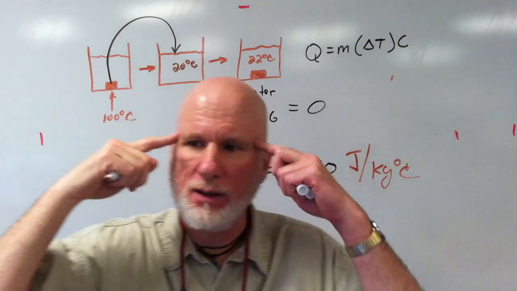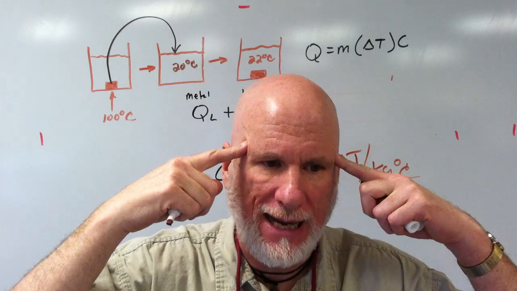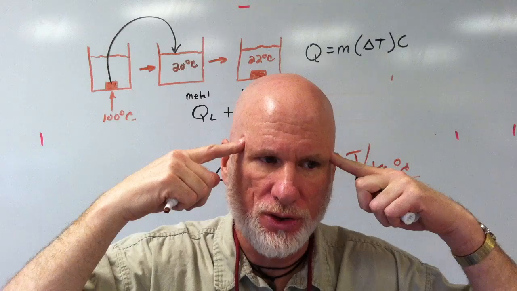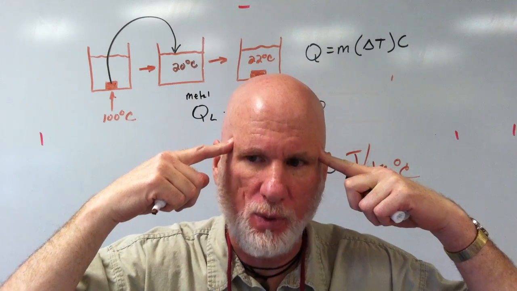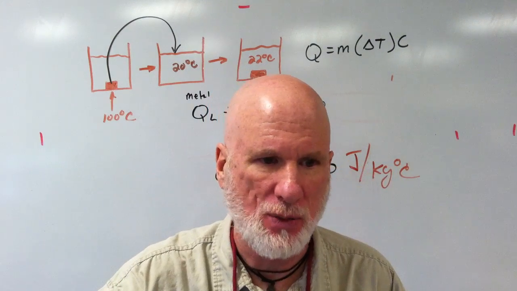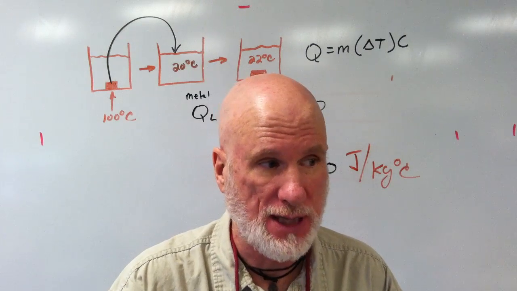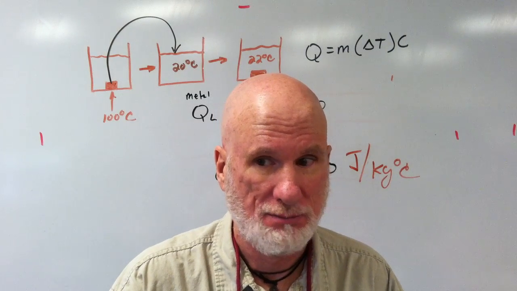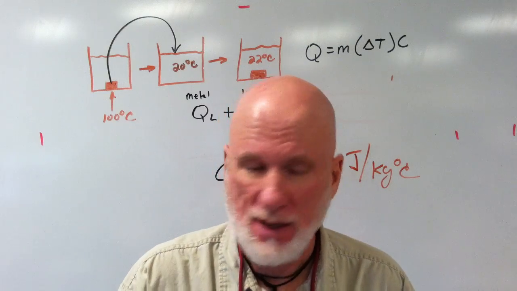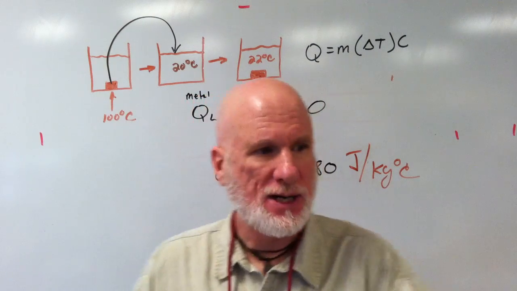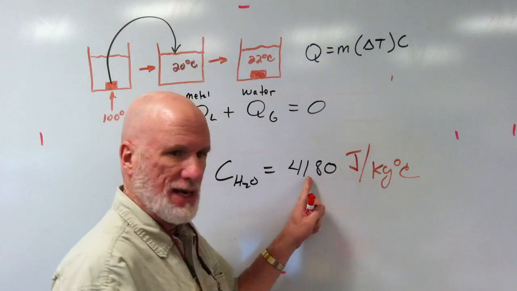If it takes 4,180 joules to raise 1 kilogram 1 degree Celsius, how much heat would it take to raise 2 kilograms 1 degree Celsius? 8,360. Twice that, right? So in other words, it would be 2 times that, right?